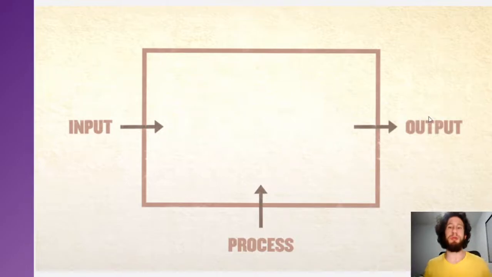And the output would be the deliverables, the final product or service that is being fulfilled or created. And you have all the inputs, which are the resources that this person or this area or this process needs in order to generate the desired output. So it's very simple.